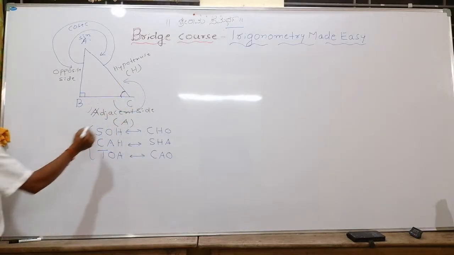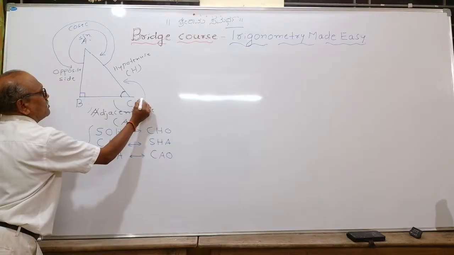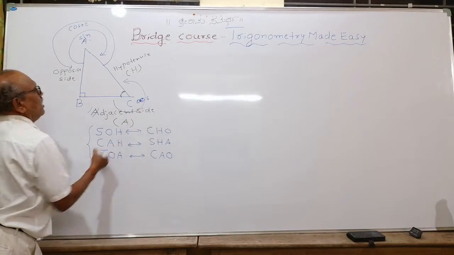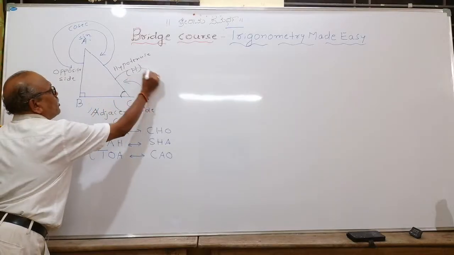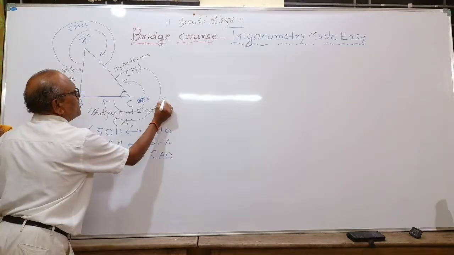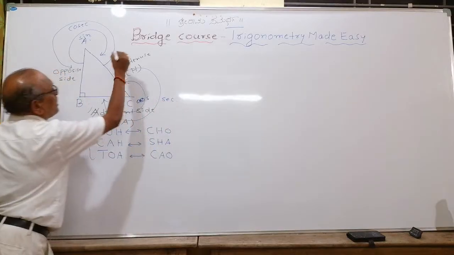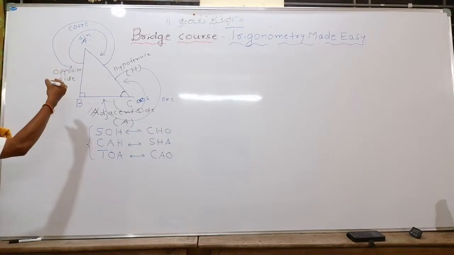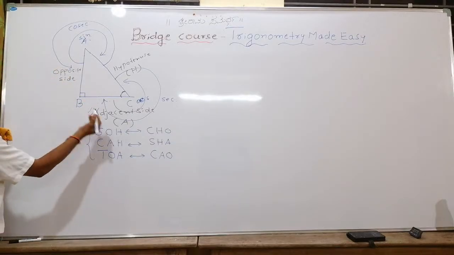Okay. This one will be cos. In the diagram you can see this is cos. And its reciprocal, hypotenuse upon adjacent, becomes sec. Remember in the diagram also, very easily, recall the right angle triangle in your mind.